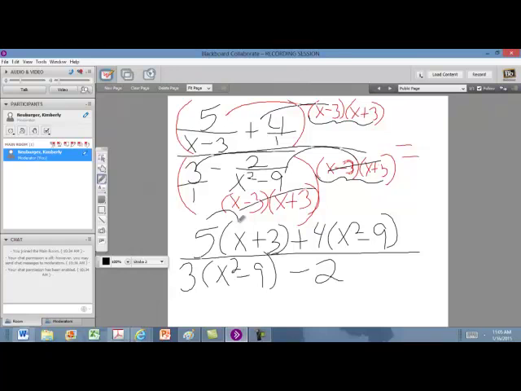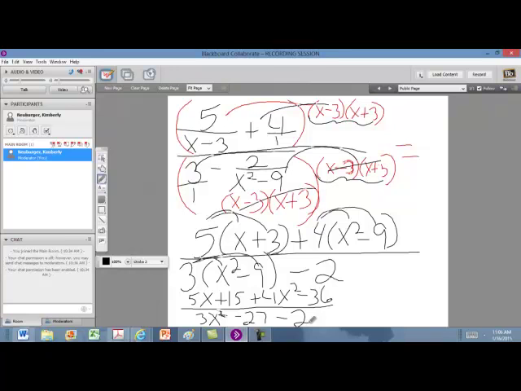We will distribute the 5 here and get a 5x plus 15. And then we will go ahead and distribute this here to get 4x squared minus 36. And then you'll distribute this here to get a 3x squared minus 27. And then you have the minus 2, like you see right there.